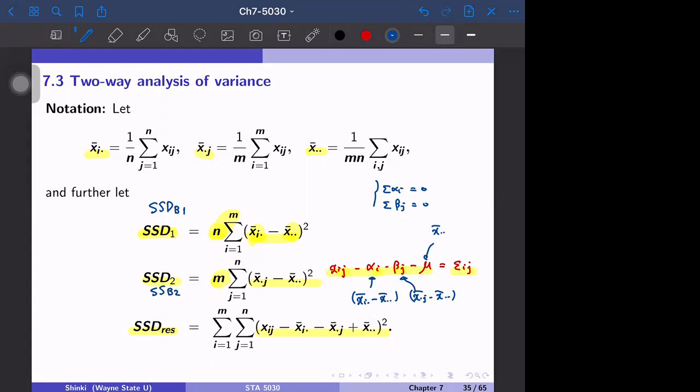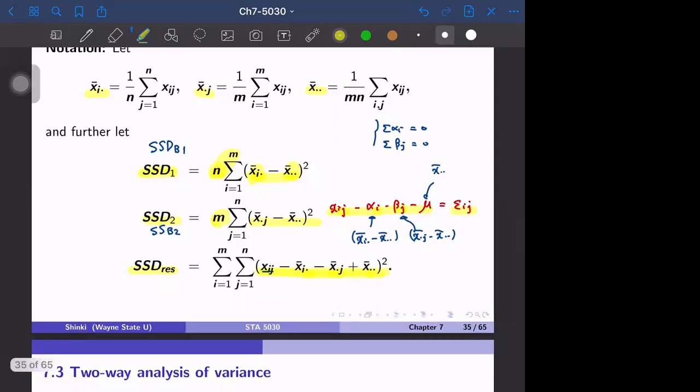And alpha i is the difference between the i-th level mean and the overall mean, x_i dot bar minus x dot dot bar, and beta j similarly. If we plug in these estimates for alpha i, beta j, and mu, that becomes x_ij minus x_i dot bar minus x dot j bar plus x dot dot bar.